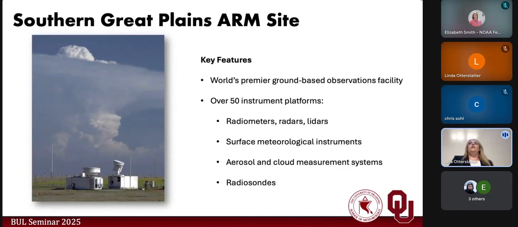So continuing on, the key features of the ARM site. It is the world's premier ground-based observations facility, and it has over 50 instrument platforms. They range from radiometers to radar to LiDAR. You've got surface meteorological measurements, aerosol cloud measurements, as well as radiosondes, also known as weather balloons. They were launching those 4 times a day.